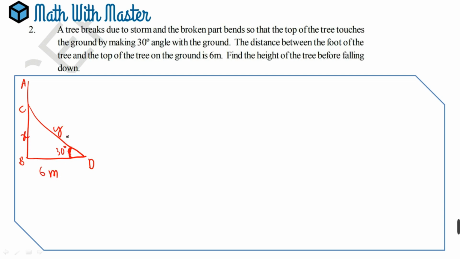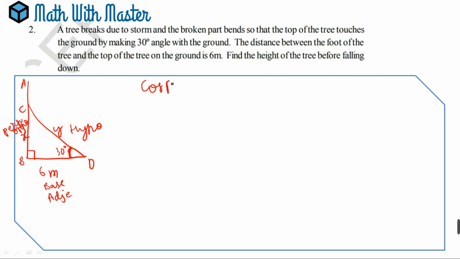And for angle D, we already discussed, this is hypotenuse, this is perpendicular or opposite, and this is base or adjacent. So we can go through cos theta to find the value of y.